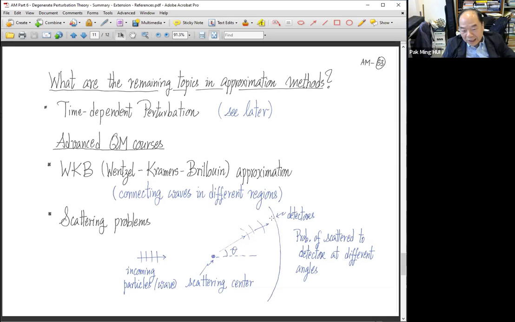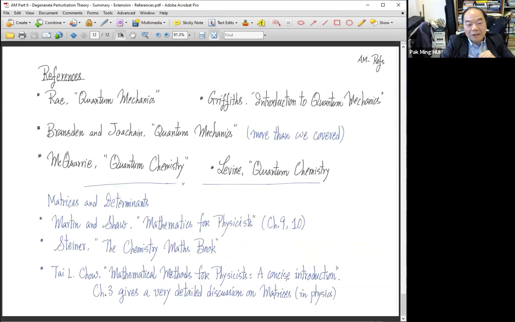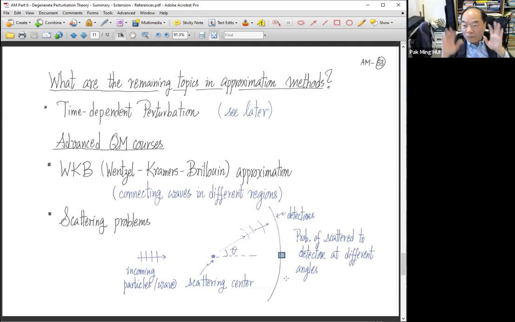Sometimes you detect a scattered particle at this angle, sometimes at that angle, sometimes not detected. So the question is how to calculate the probability that something is scattered at a certain angle theta, okay? That we can do. But I will not do it here.